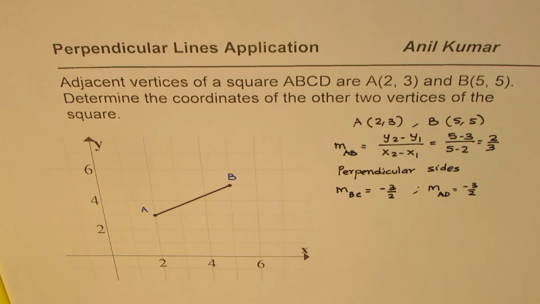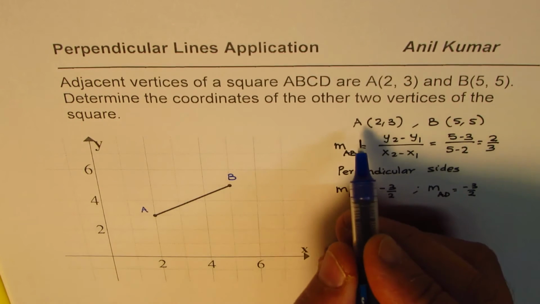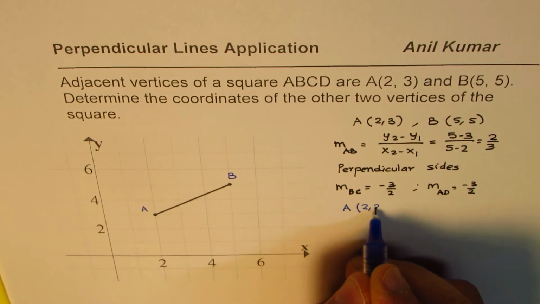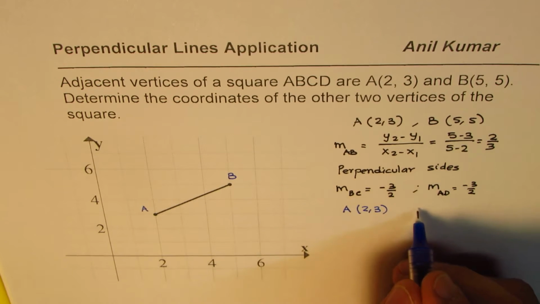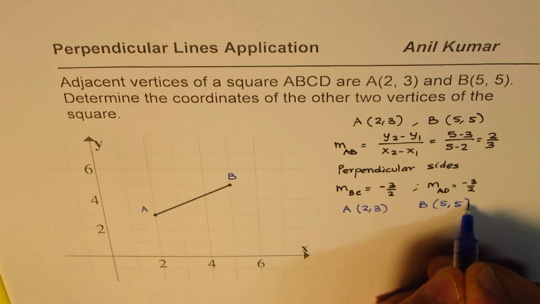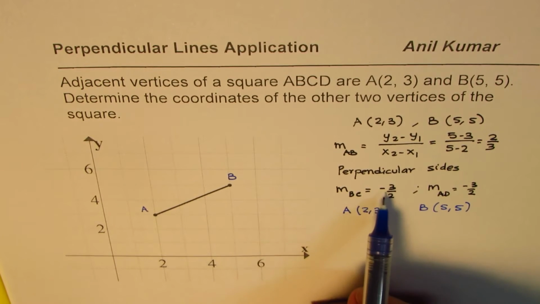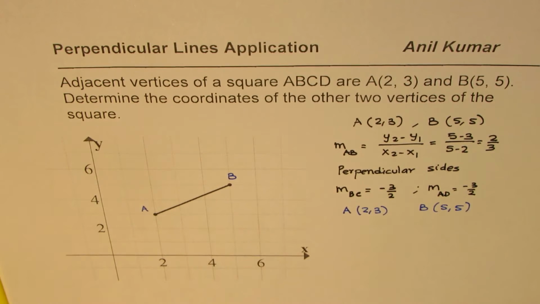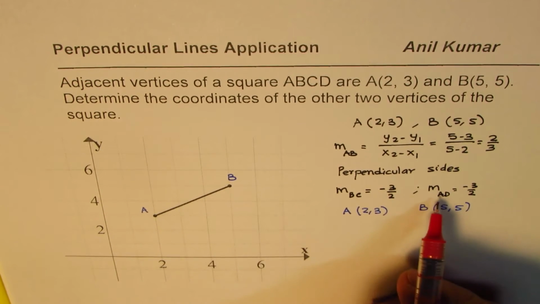That really helps us to get the other two vertices of the square. So let's look into it. We are given A, which is 2, 3, and B, which is 5, 5. Now, if you want a slope of minus 3 over 2, it means what? Let us say AD.